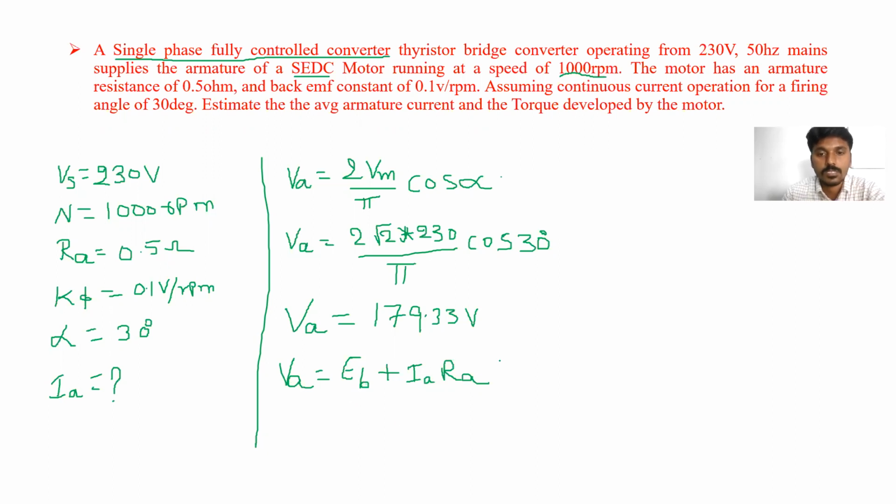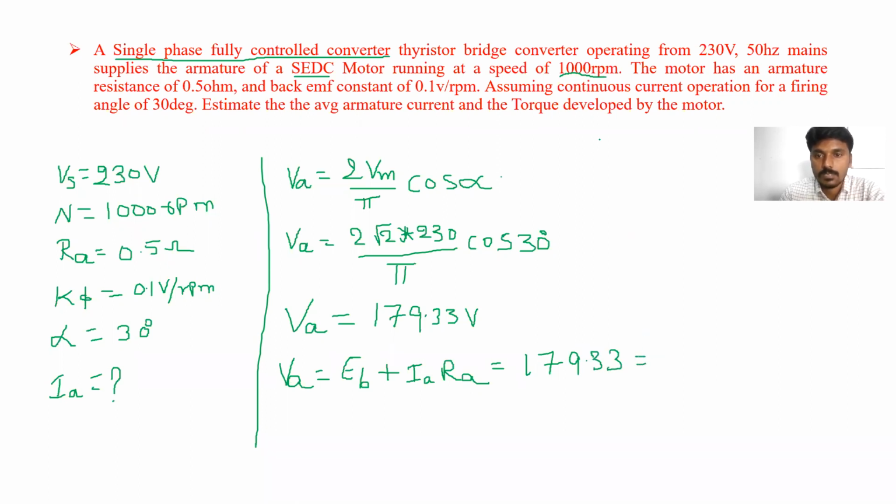So how can we find it here? What is the value of VA? 179.33 is equal to, how can we write the back EMF?